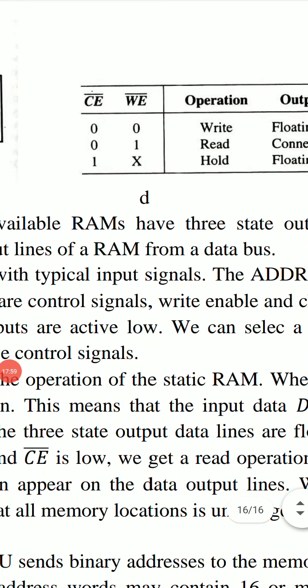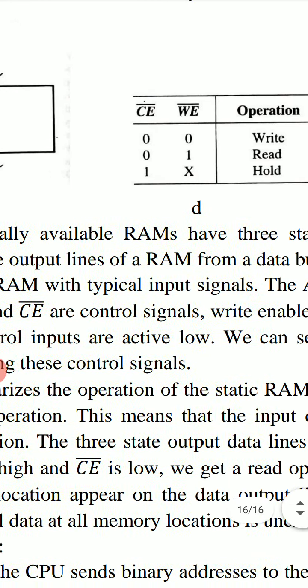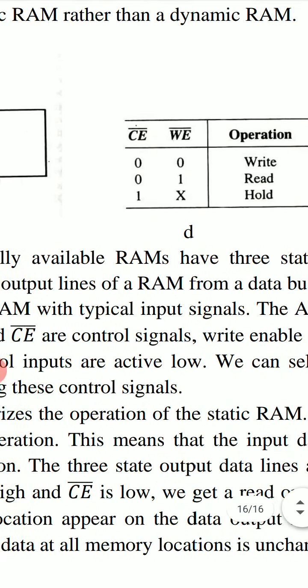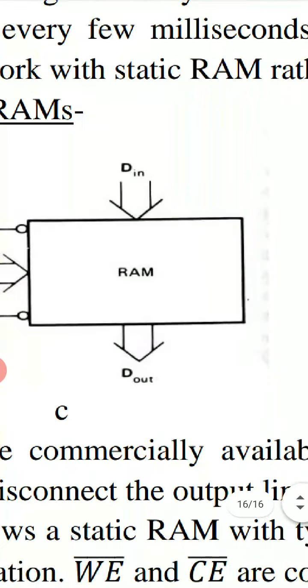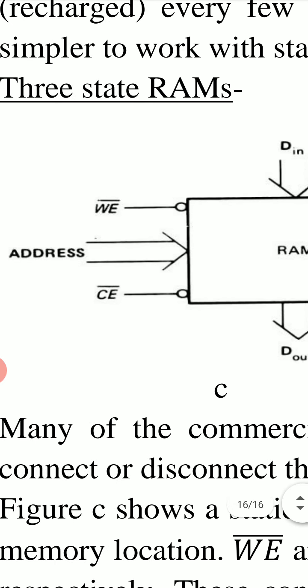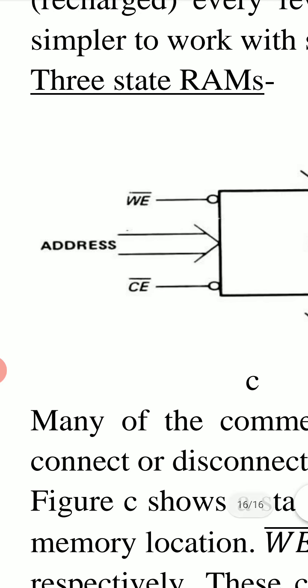So when CE bar is 0 and WE bar is 0, this will perform the write operation, and the input data DIN is stored in RAM in a particular memory location. That particular memory location has a certain address.